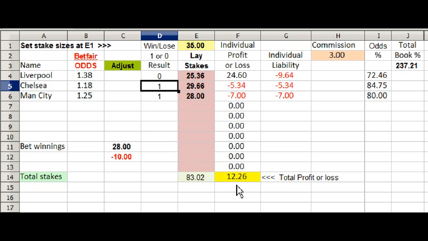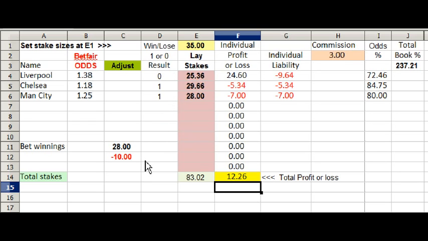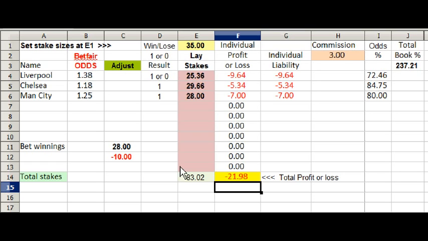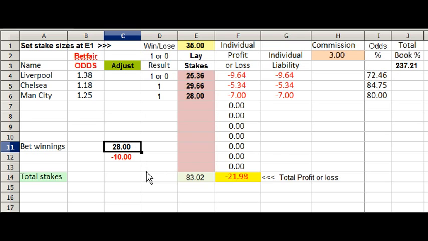Now that showed me a profit overall of 12.26 if those results stayed like that, and if Liverpool went on to win as well, I only lost 21.98, £22 in my betting exchange, but I'd win 28 with my bookie, so I had a profit that way as well. So I went ahead with those lays.